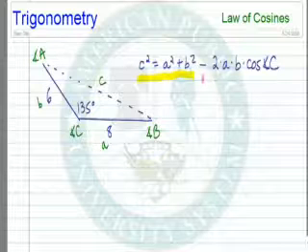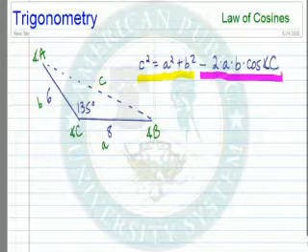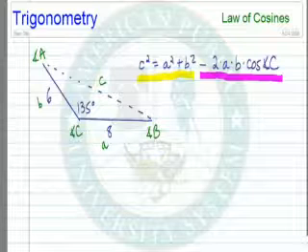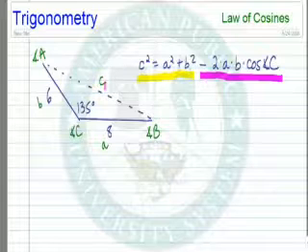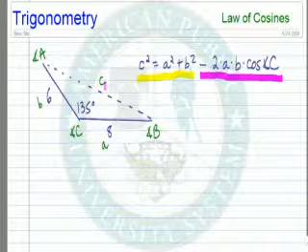However, this part of the law of cosines is what I call the modifier. It's going to change the final calculation, one way or the other, to make the side length that we find here bigger or smaller than it would be if it was 90 degrees.